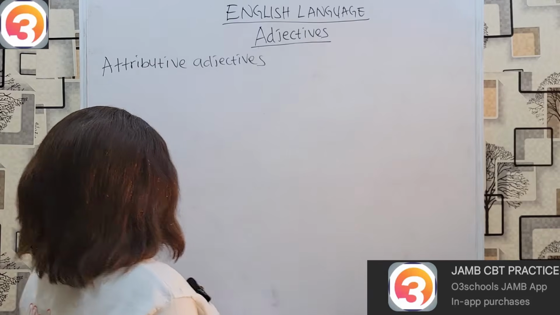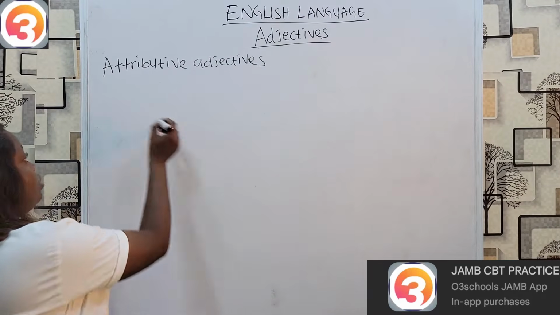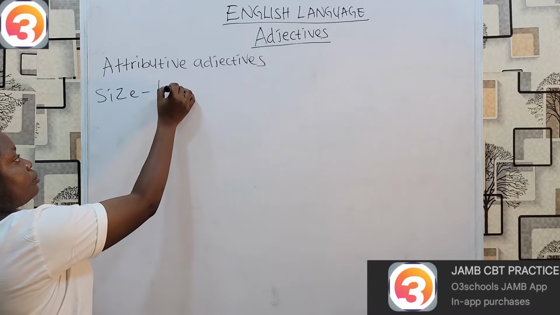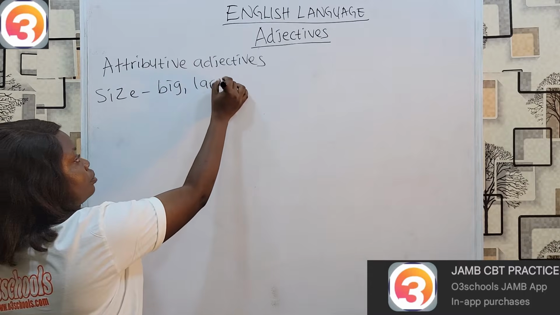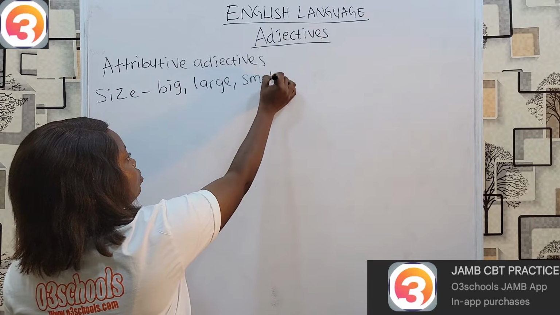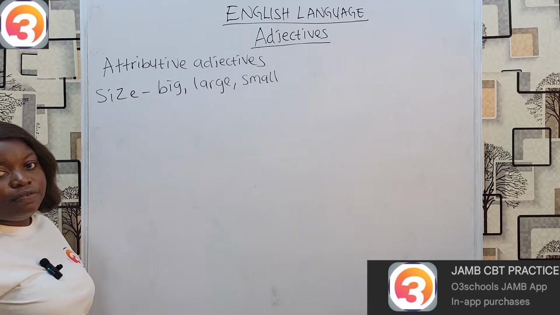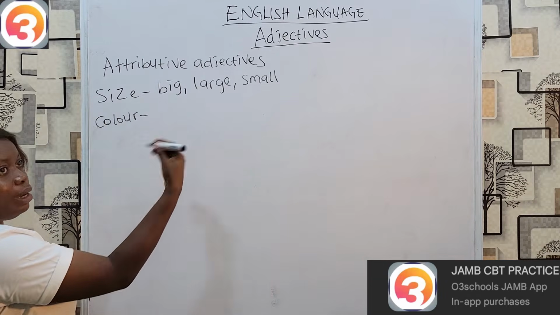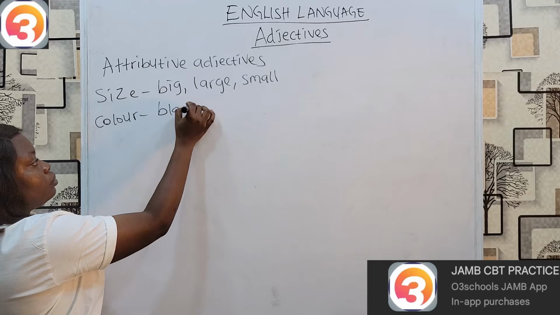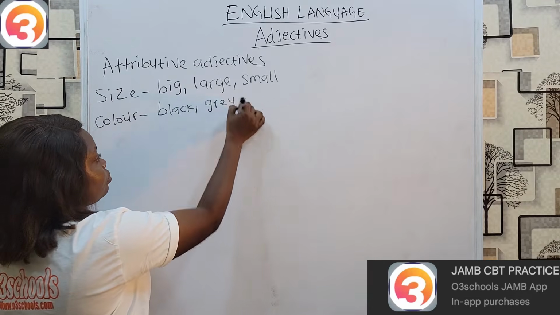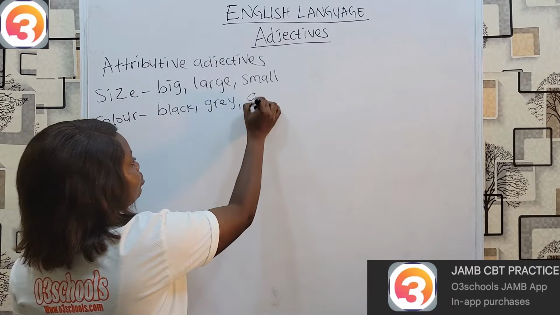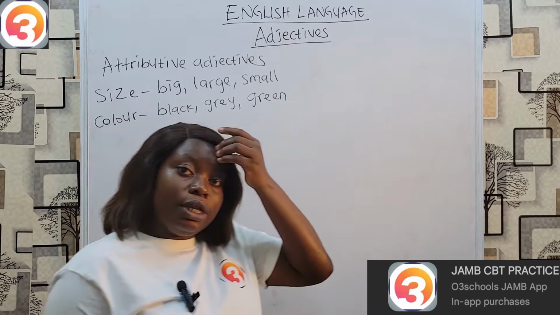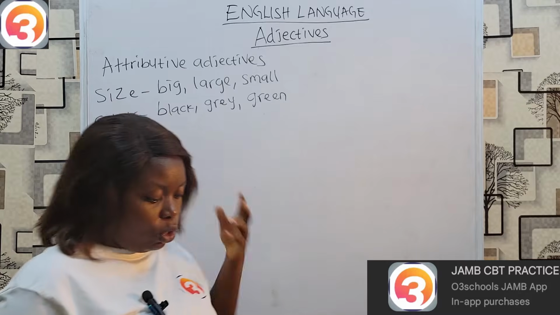So it includes adjectives that talk about size, like big, large, small. All of these are attributive adjectives. It also talks about color, black, gray, green. It's still describing a specific quality of a noun or a pronoun.